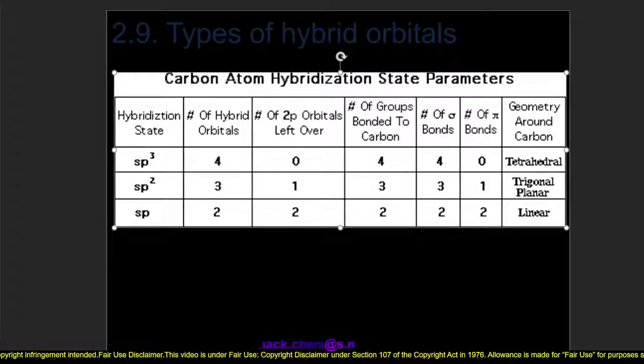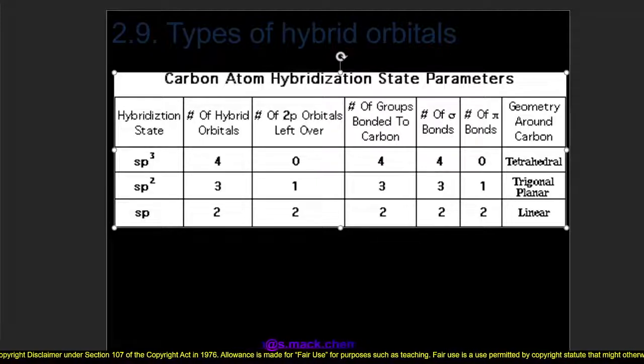Let's take a look at our table. For sp3 hybridization, what we can see from the table is that in sp3 hybridization, 4 sp3 hybrid orbitals are formed.